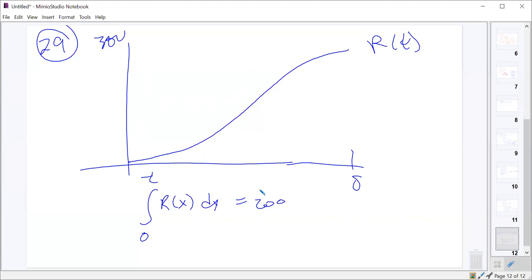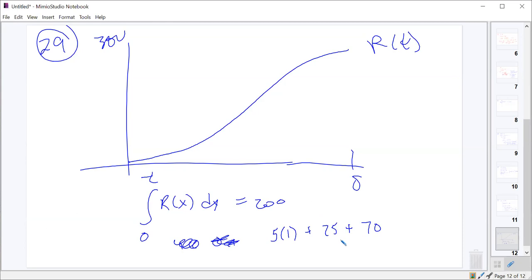The first one is 0. Let's do a midpoint. The midpoint of 0 and 1 is probably about 5, so 5 times the length of 1. The midpoint of 1 and 2 looks like about 25, so plus 25 times 1. The midpoint of 2 and 3 looks like about 70. So that's about 100 right there.